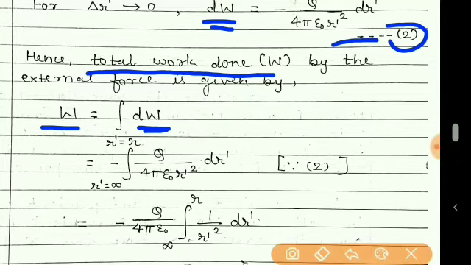Next step is to simply put the value of dW from equation number 2, and we will put the limits also. Lower limit infinity, upper limit r. Why is the lower limit infinity? Because we are bringing that unit charge from infinity to a given point P, which is at distance r.